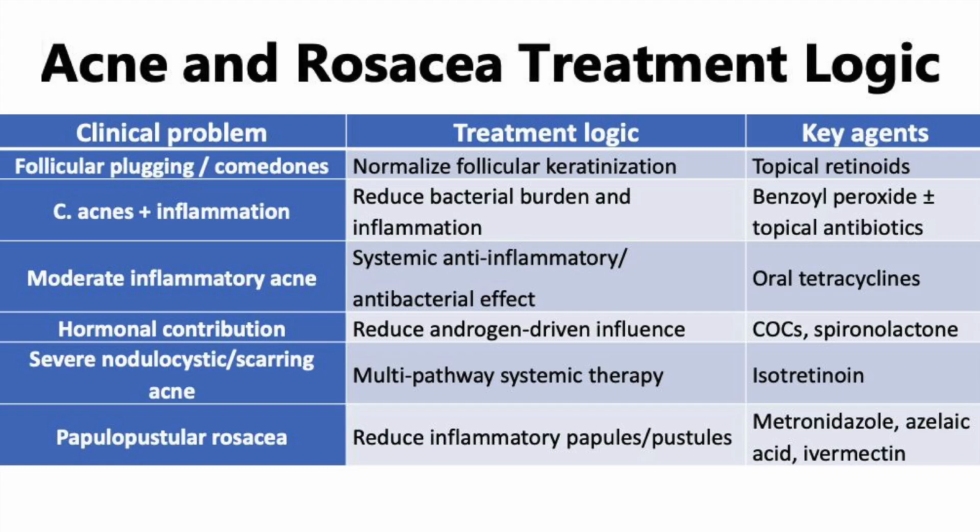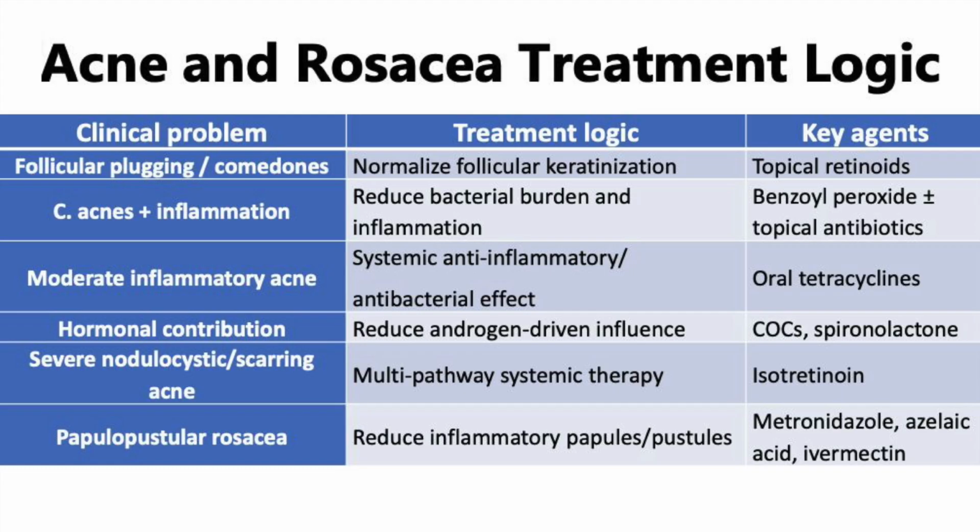When acne follows a hormonal pattern, combined oral contraceptives or spironolactone reduce androgen-driven sebum production. Severe nodulocystic scarring or treatment-resistant acne calls for isotretinoin, the most comprehensive systemic therapy because it reduces sebum, follicular plugging, bacteria, and inflammation.